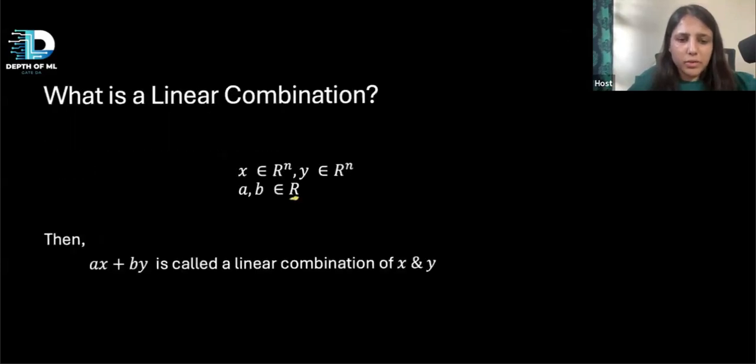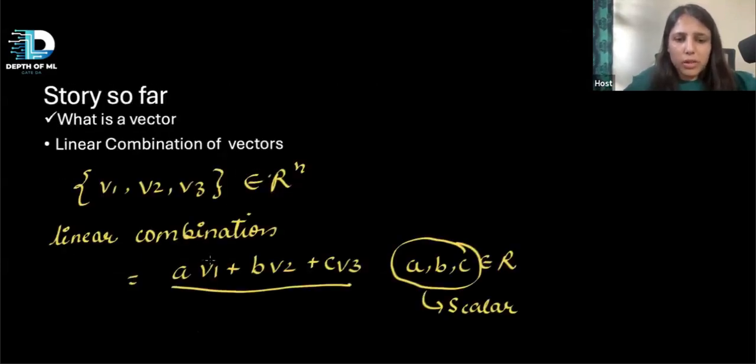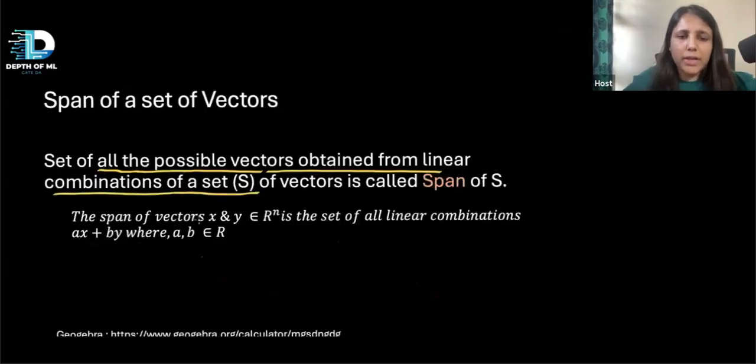All the vectors that I generate using this equation for these vectors will form my span, and I'll call it the span of that set of vectors. So the span of vectors x and y, where x and y belong to Rn, is the set of all linear combinations such that a and b belong to the real number space. So we understood what the span of vectors is. Clear?